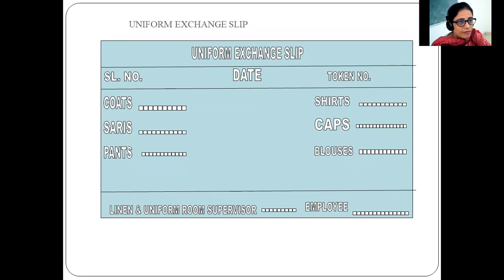Uniform exchange slip, when we exchange the uniforms with other departments. Suppose serial number we have to write here, date, token number. What are the items? Suppose coats, saris, pants, shirts, caps, blouses, and linen and uniform room supervisor, employee, right? So we have to fill this uniform exchange slip.